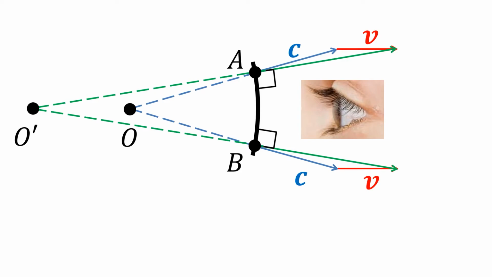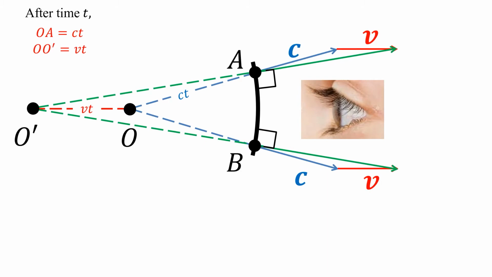But what is the speed at which the apparent center moves away? To answer this question, note that these two triangles are similar. The distance OA is proportional to the length of the vector c, and the distance OO' is proportional to the length of the vector v.